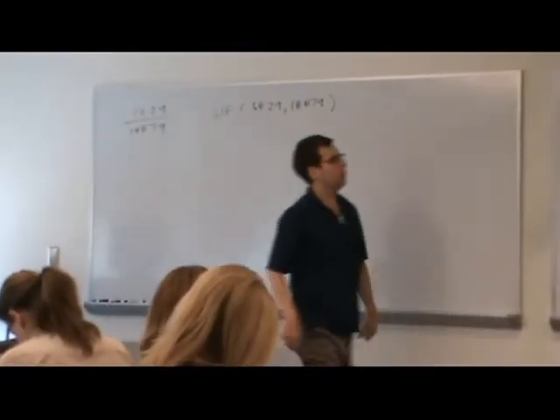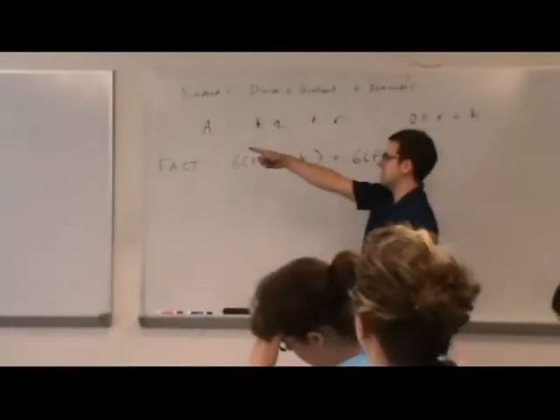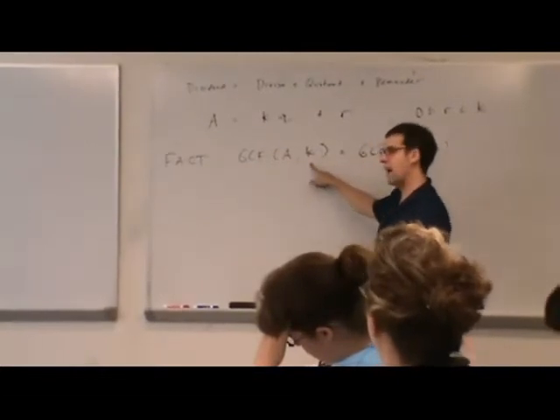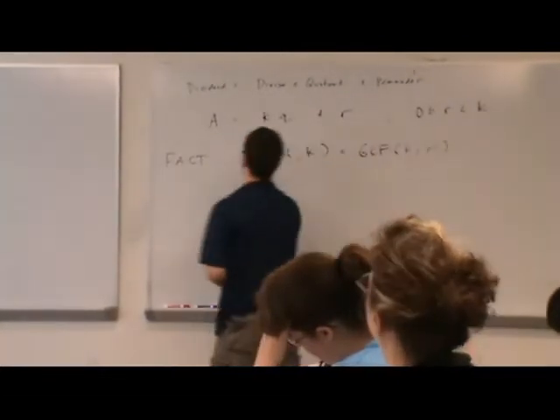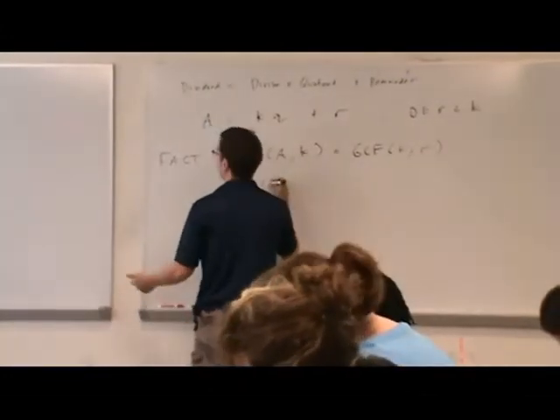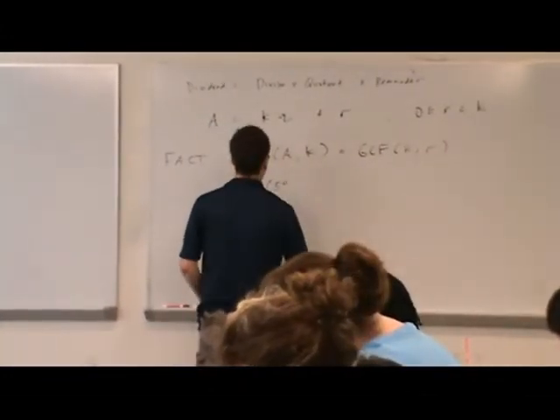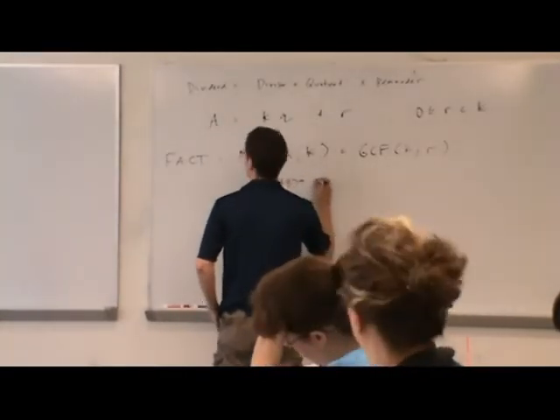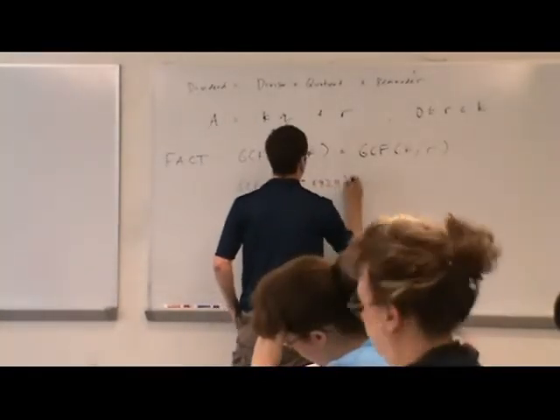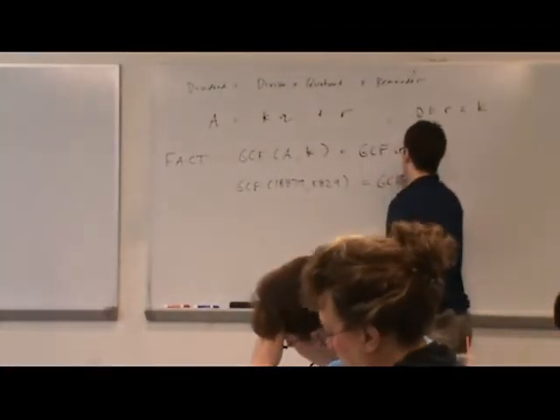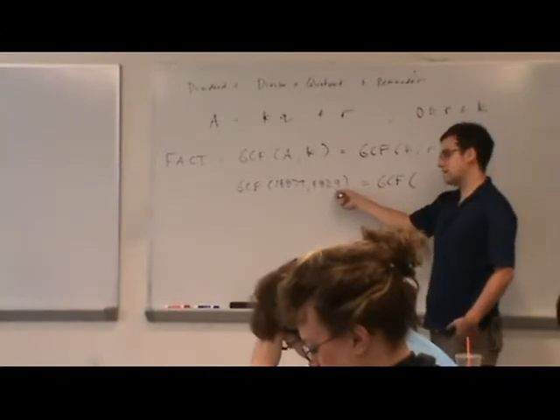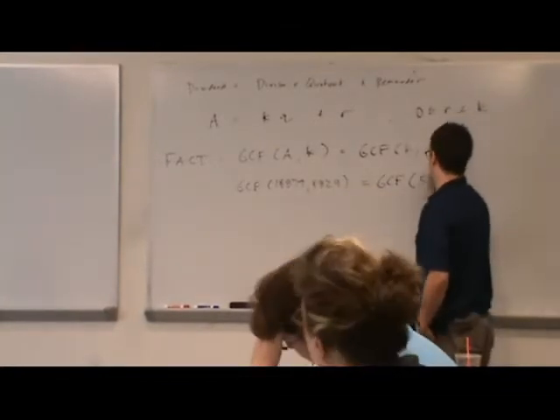So we start with A and K. Like in our problem, 18,879 would be A, and 5829 would be K. So this tells us that the GCF of 18,879 and 5829 is identical to the GCF of that same divisor, 5829, and the remainder.